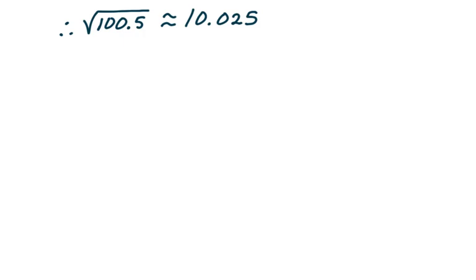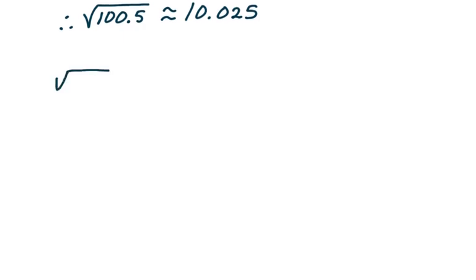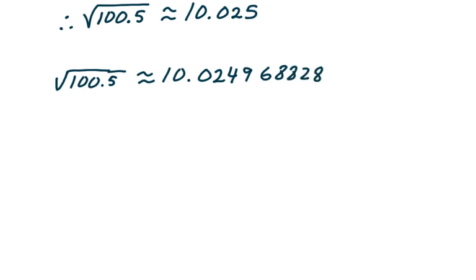And if you put this in the calculator, you get the square root of 100.5 is approximately 10.024968828, etc. So it's really not bad.